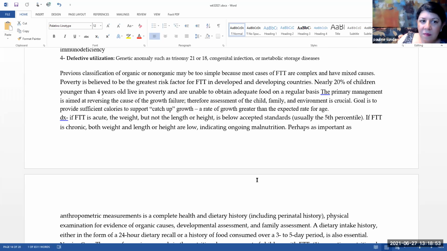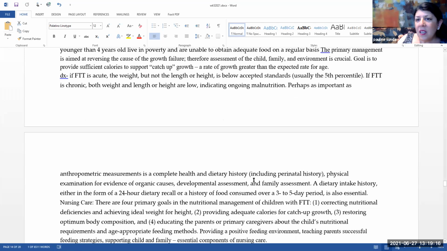Diagnosis, if it is acute, the weight but not the length or height is below the accepted standards, usually below the 5th percentile. If failure to thrive is chronic, both the weight and the length or height are low. This will indicate an ongoing malnutrition.